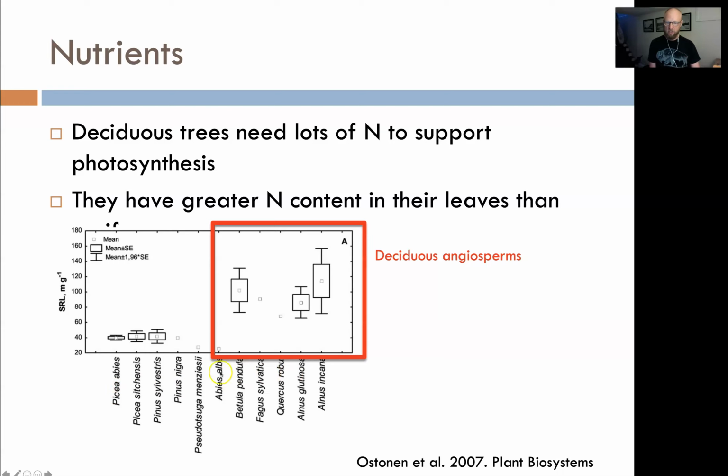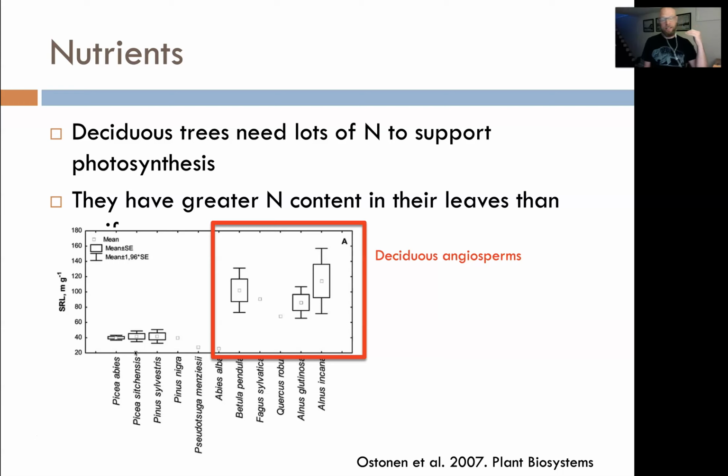And on the x-axis, we just have a lot of different species. The ones highlighted in the red box are the deciduous angiosperms, and you can see that all except for one have much higher specific root length than the evergreen gymnosperms. So this is part of what allows them to take up nutrients so quickly during the growing season and attain those high leaf nitrogen concentrations.